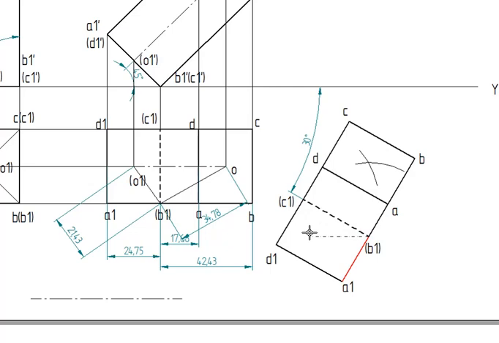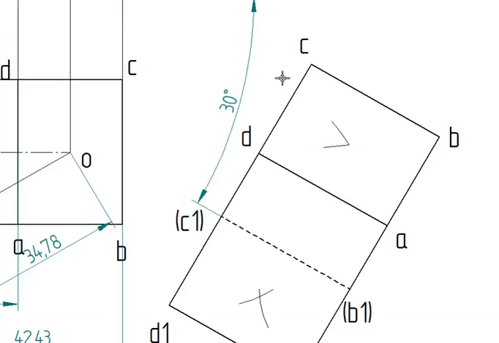From this point, now I'll draw the axis line, which should be thin line. So this is the axis line.